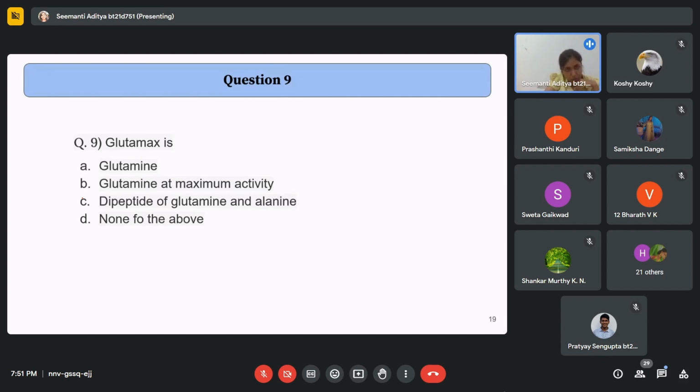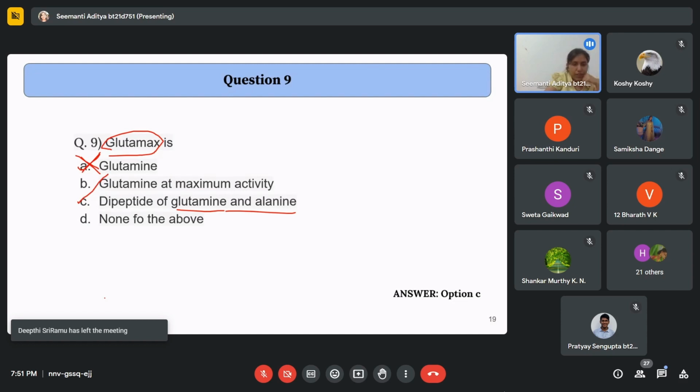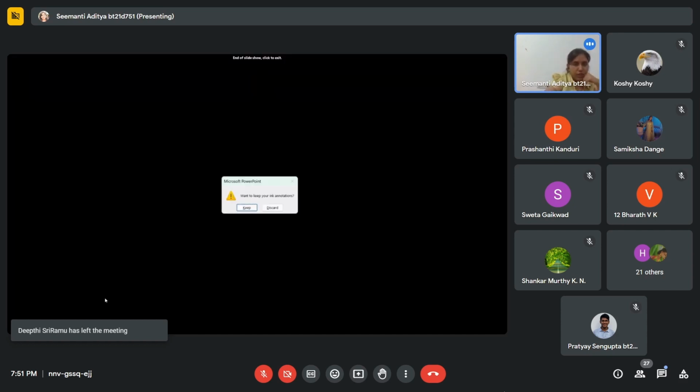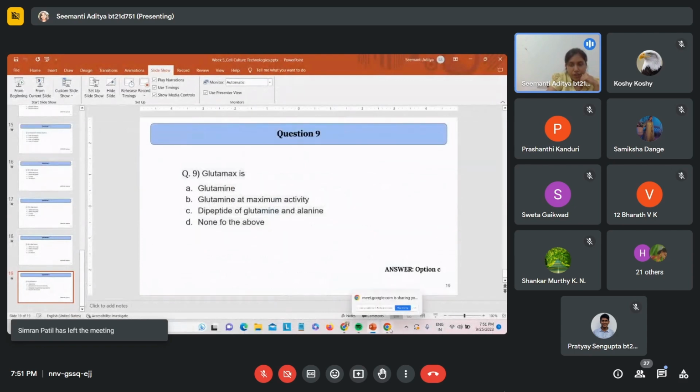It's not option A, it's not glutamine. Glutamax is a dipeptide and it consists of both glutamine and alanine. So option C is correct. Okay, that's all for today. If you have any questions, then let me know.